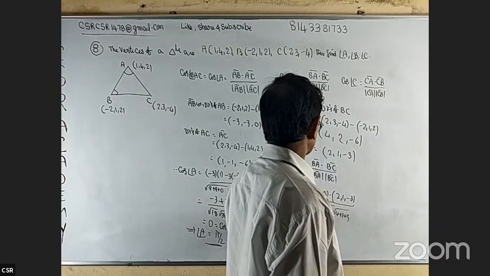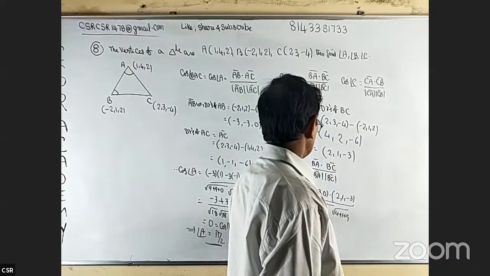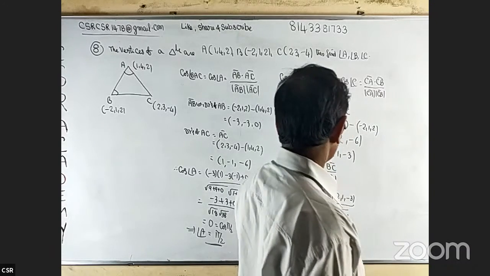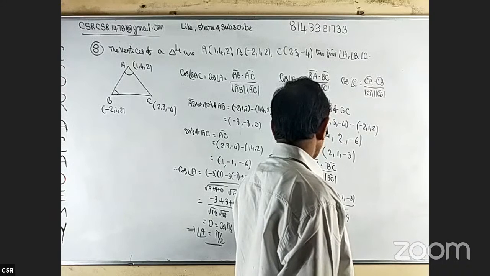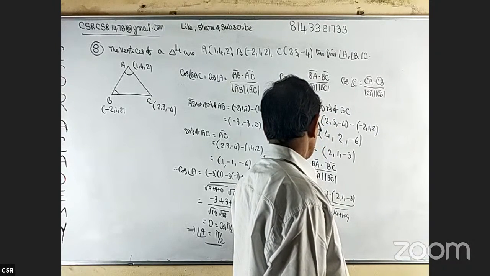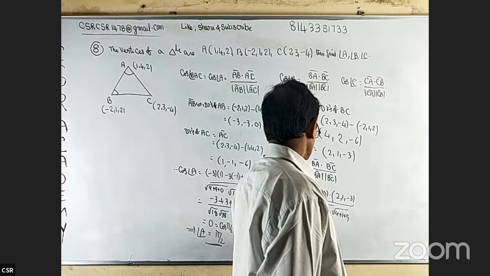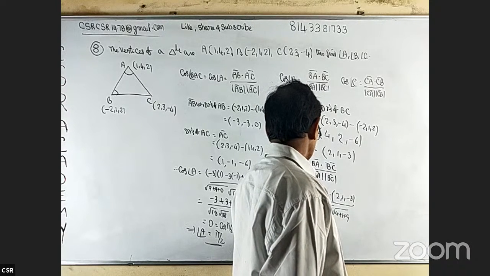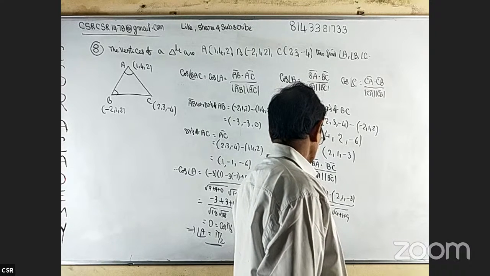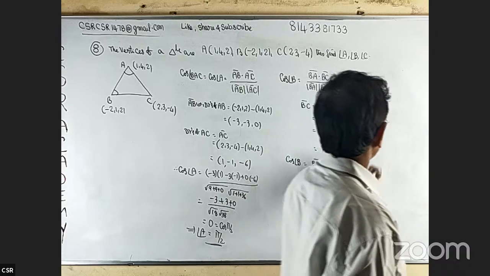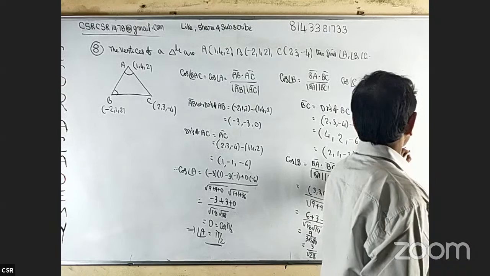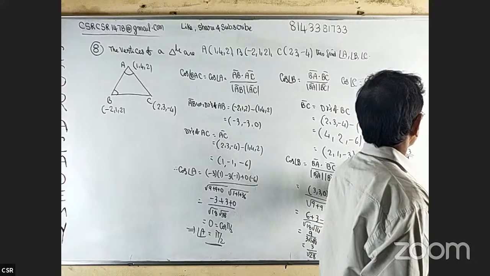This is equal to 6 plus 3 minus 0 by root 18 root 14, which is 9 by 3 root 2 into root 14, that is equal to 3 by root 28. Therefore, B is equal to cos inverse 3 by root 28.